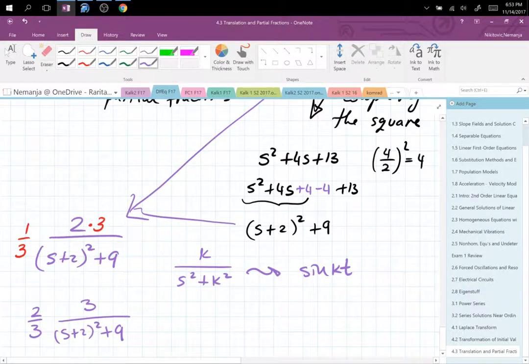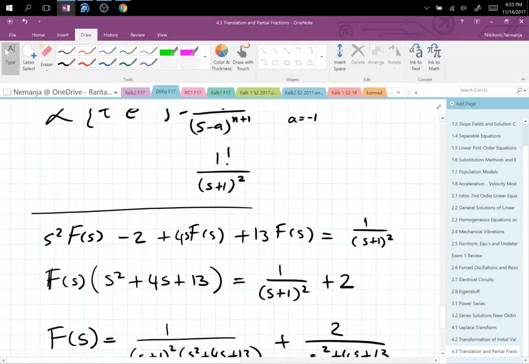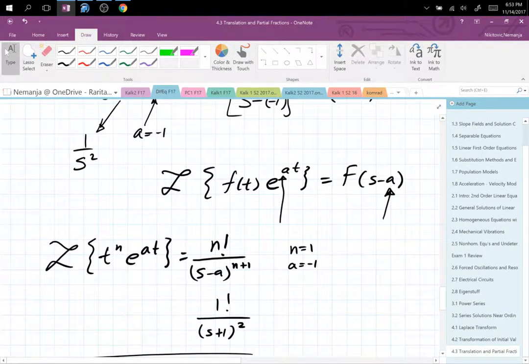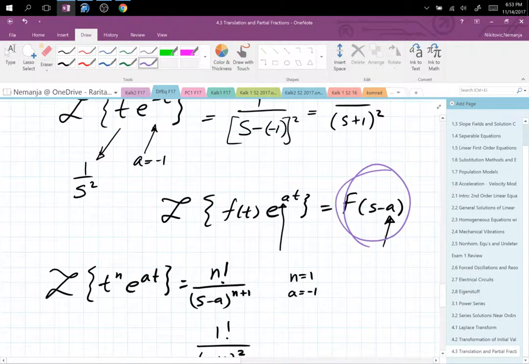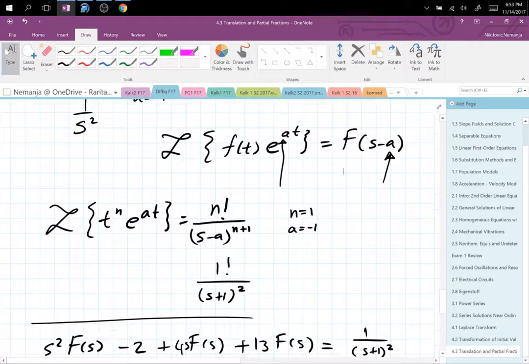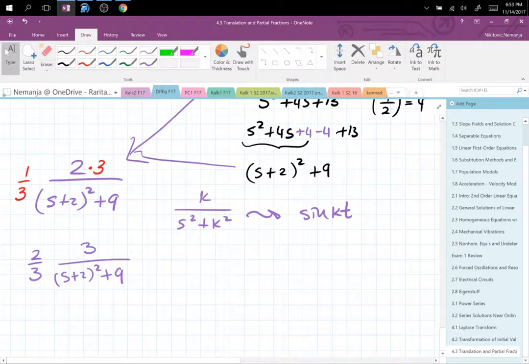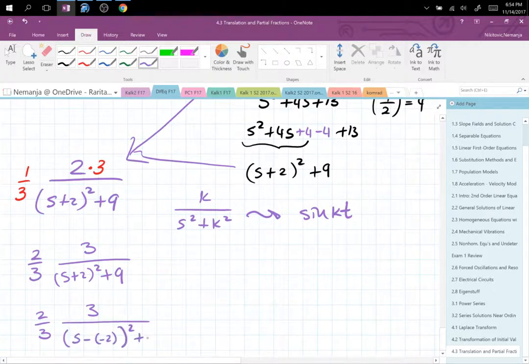The next issue is s, and you have s plus 2. Now, that's the translation principle that we used, and the translation principle says that if you have s minus a, remember, s minus a, well, now we're using the inverse one, right? It goes as times e to that exponent. So when I write it again, it is going to be s minus negative 2 squared plus 9.